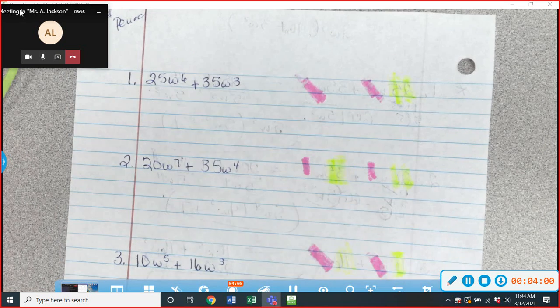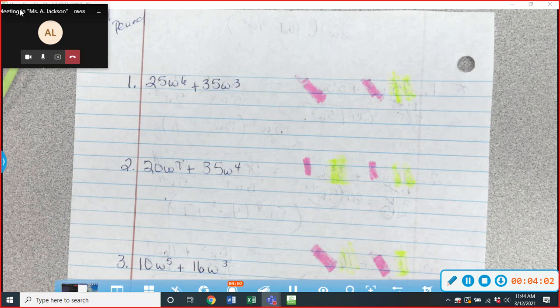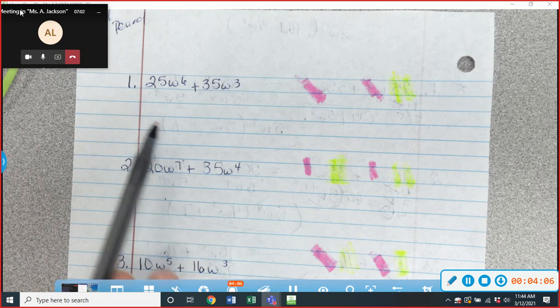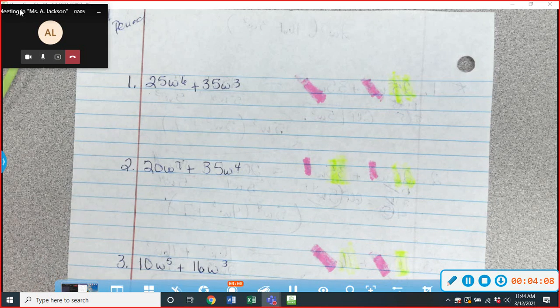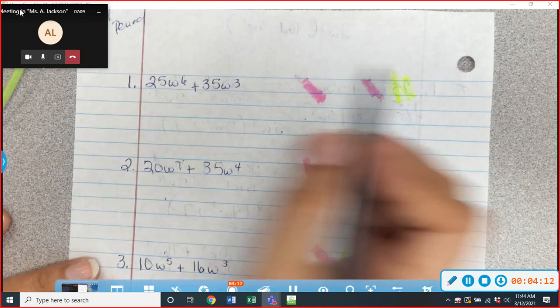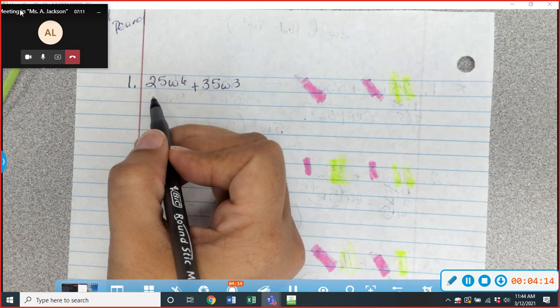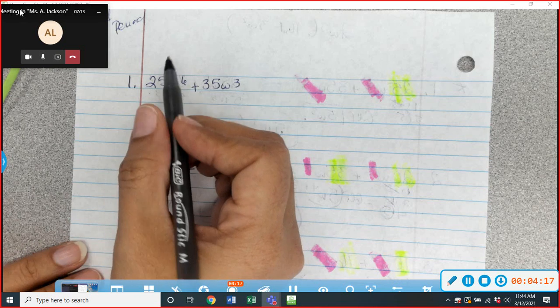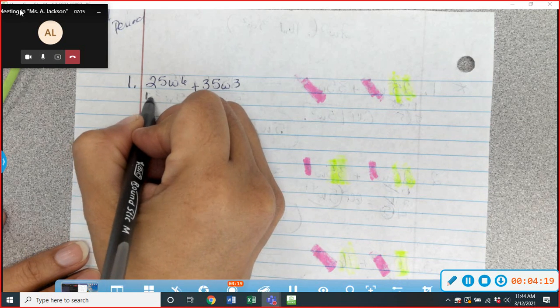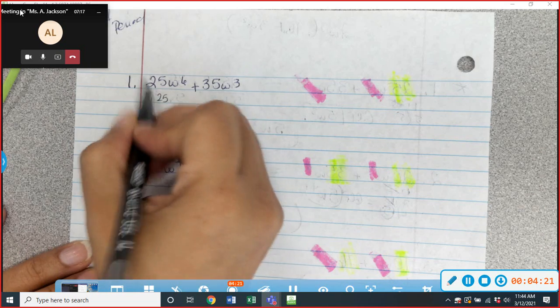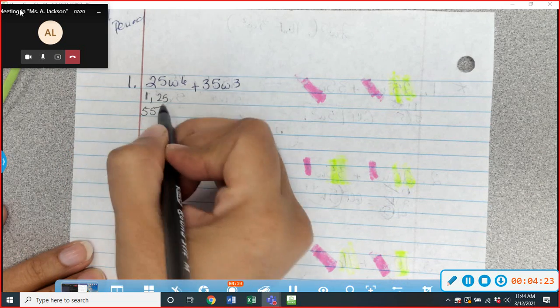Okay, so tell me what is the first thing I need to do in this polynomial expression. So what will be my factors in here? Okay, so 1 and 25 and 5 and 5.